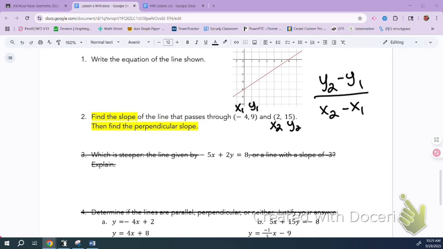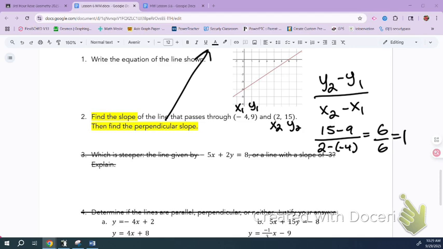Find the original slope between those 2 points. Then find the perpendicular one. If you're ready, you could check your work on the screen. I got my original slope. Can you find the perpendicular slope to that? Turn and talk with your group. If you forgot what perpendicular slope is, go look at your quick notes. What did we say?